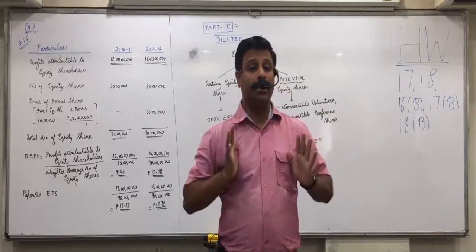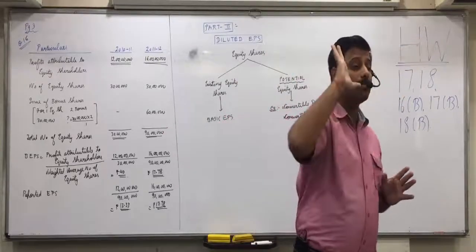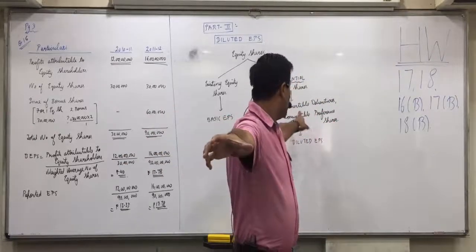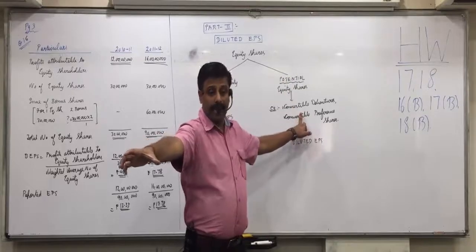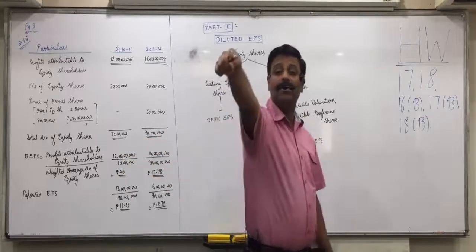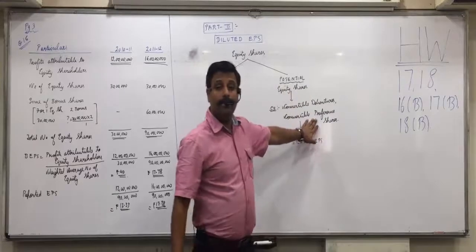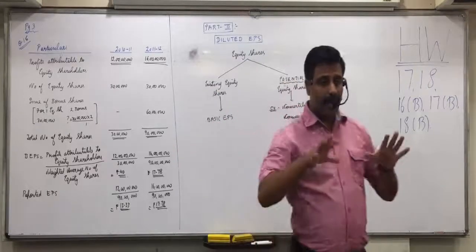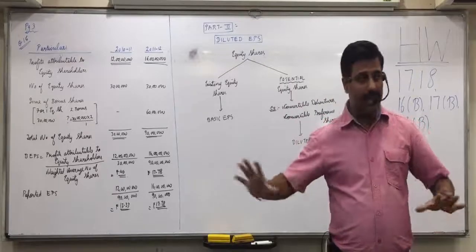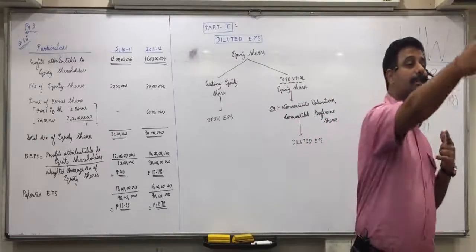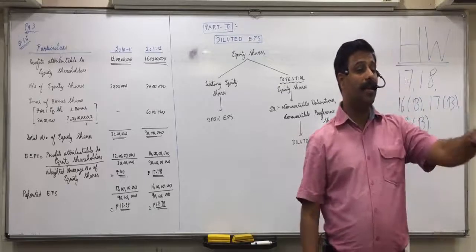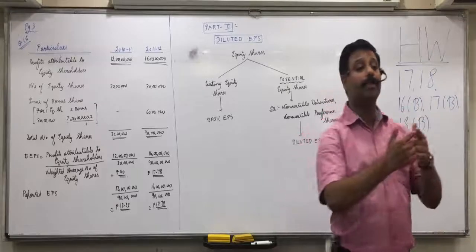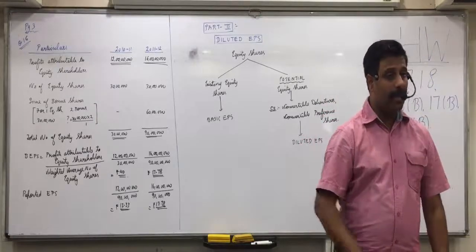Suppose presently these are the equity shareholders, these two rows are debenture holders holding convertible debentures, and the last four rows are preference shareholders holding convertible preference shares. Presently, whatever profit the company is earning is distributed only between these people, that is 3, 5, 7, 10, 13, 15, 17. Presently the profit is distributed between 17 people.